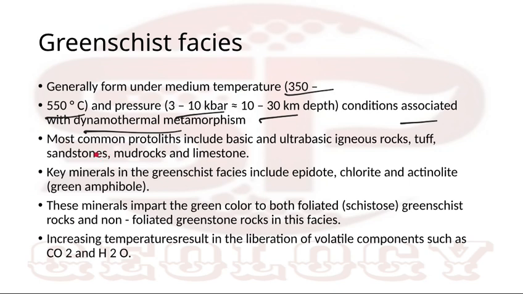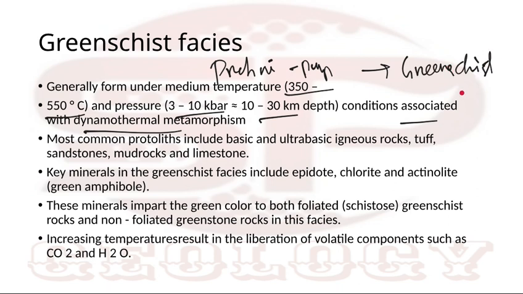So what happens in this greenschist facies? The transition from prehnite-pumpellyite to greenschist facies is very sharp. Sharp means when this transition occurs, there is no signature of prehnite-pumpellyite.